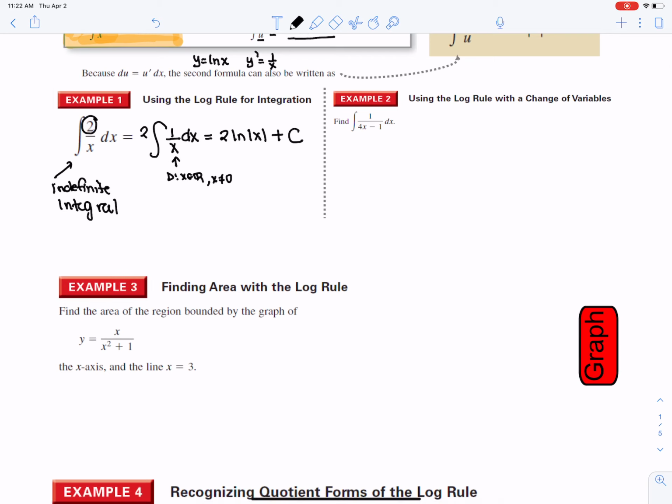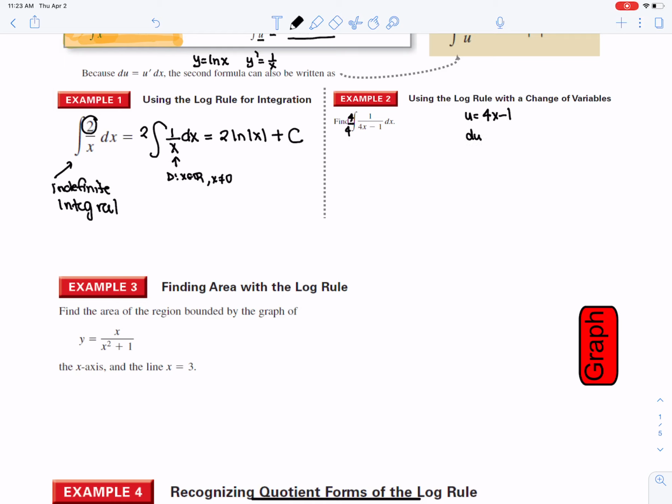So here, now there's a little bit of chain rule. What we want to think of is this is 1 over something. So what is the derivative of the something? For 4x minus 1, the derivative is 4, which is just a number, so that's okay. So I'm going to introduce a 4 on the top and a 4 on the bottom.